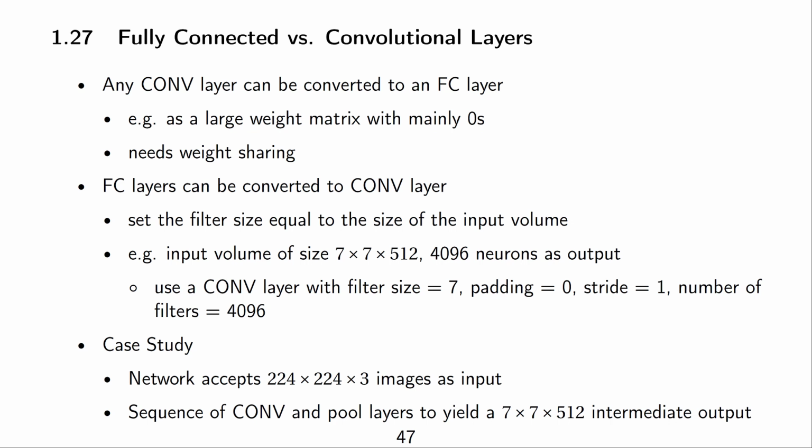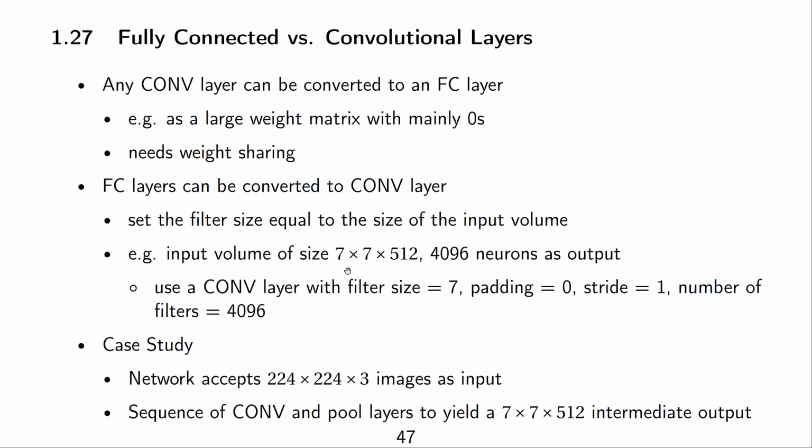Conversely, a fully connected layer can be converted to a convolutional layer. Particularly of interest is the conversion of a fully connected layer that is applied to a tensor that is flattened and then input to the fully connected layer. What we do is simply set the filter size equal to the size of the input volume.